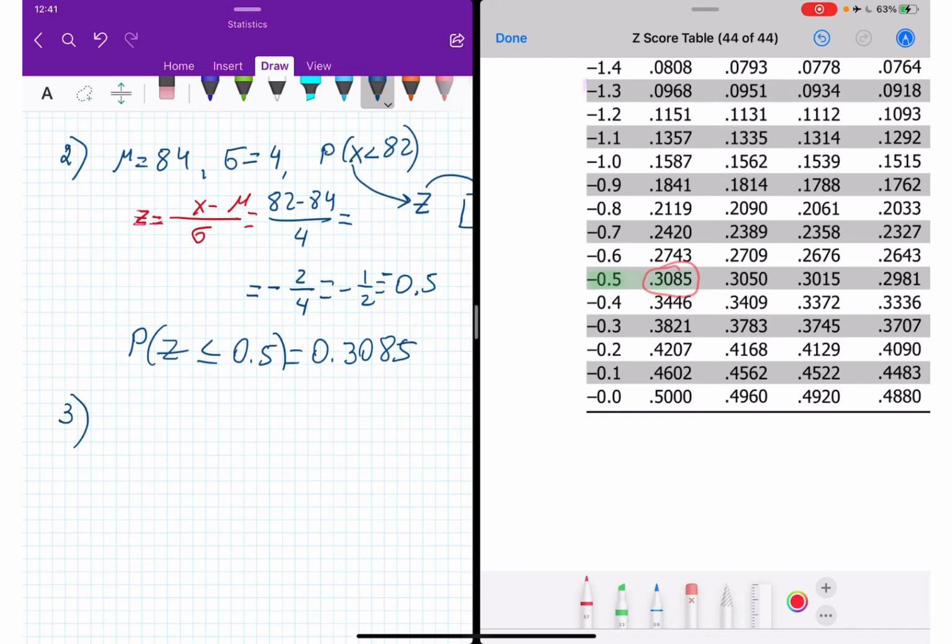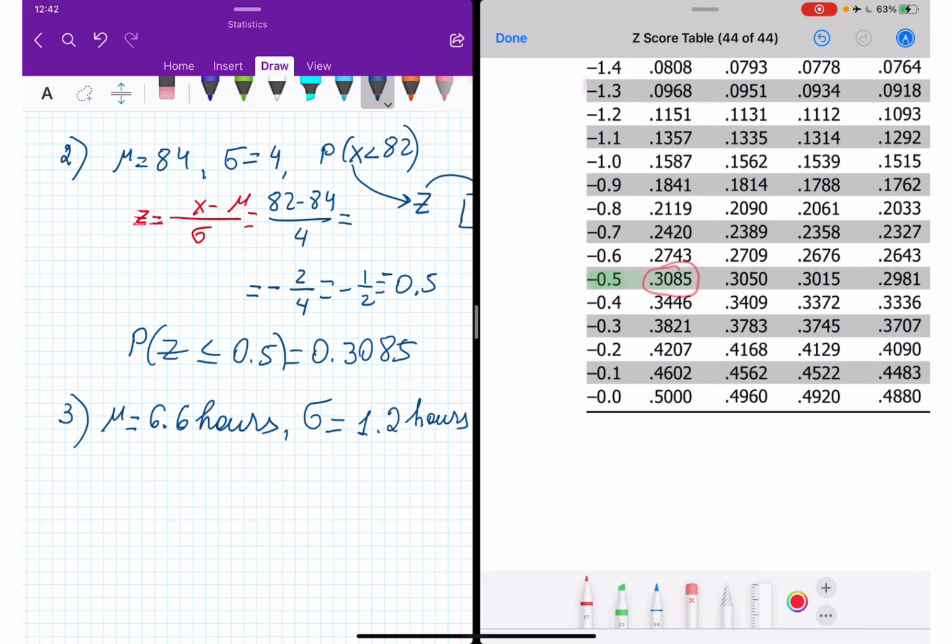Question number 3. The times per week a student uses a lab computer are normally distributed with a mean of 6.6 hours and a standard deviation of 1.2 hours.